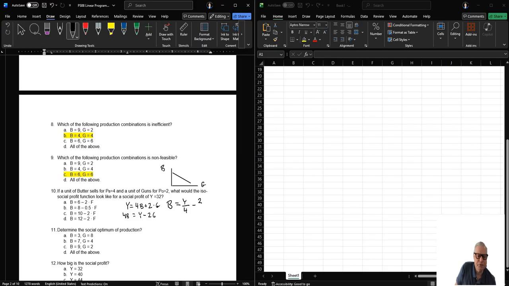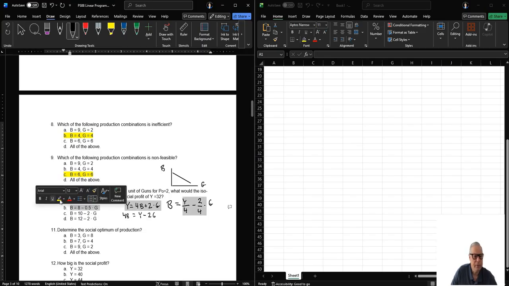So that's the price of guns over the price of butter, so minus 1/2 times g. So that would be it. And now we can insert the 32 for y, and then we get 8 minus 1/2 g. Okay, so this is 8, because if we plug in for y 32, we get 8 minus 1/2 g.